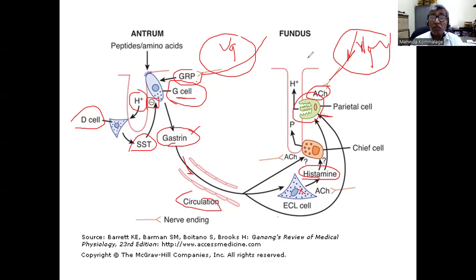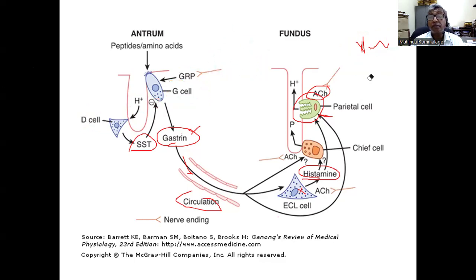These are mainly operating in the fundus and upper part of the stomach, and G cells are mainly located in the lower part, or antral part, of the stomach, right? So that is something you need to understand. Right, okay.